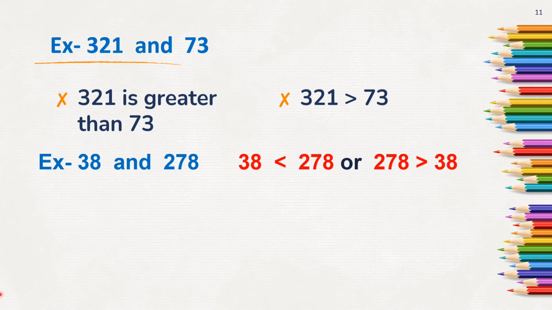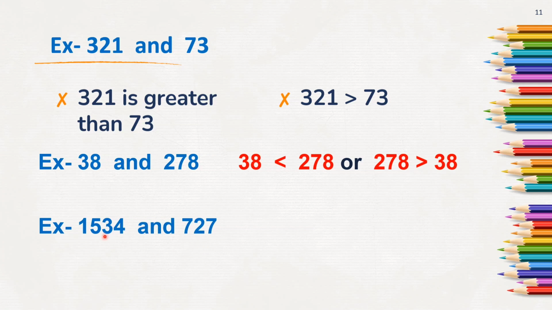Here is one more example. 1534 and 727. Here 1534 is a 4-digit number and 727 is a 3-digit number.